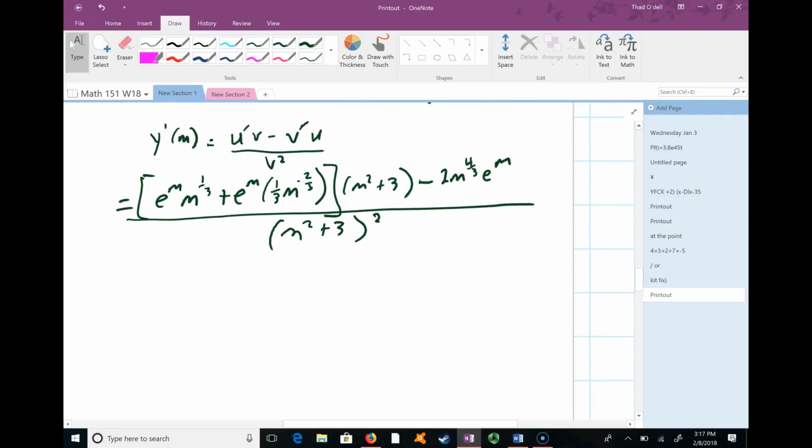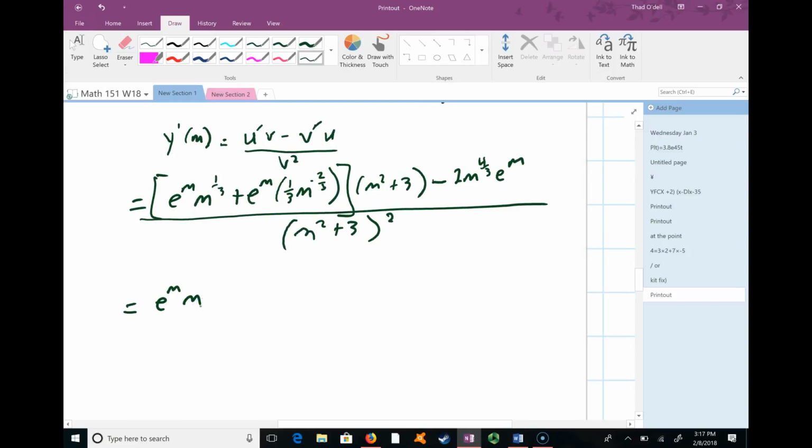We could simplify this a little bit. So let's see, m squared times that is going to be e to the m times m, that's 6/3, so that'd be 7/3, plus m squared times this mess would be 1/3 m to the, let's see, 4/3, because you're doing 6/3 minus 2/3, times e to the m.